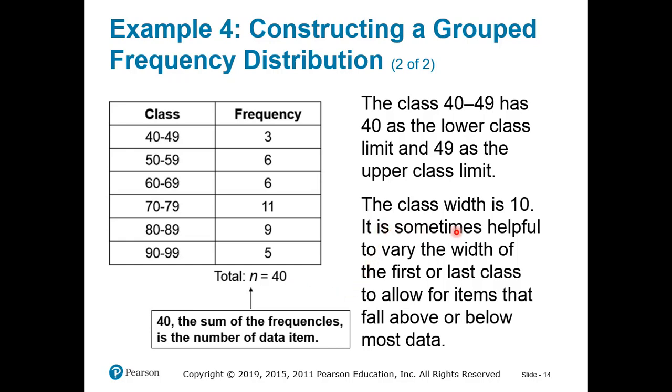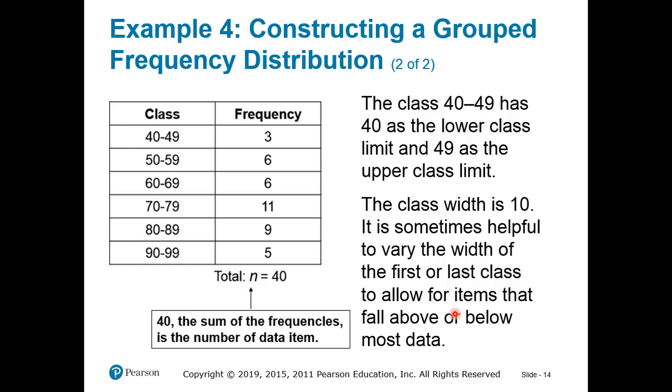This here is used in some cases where the number could be extraordinarily high.